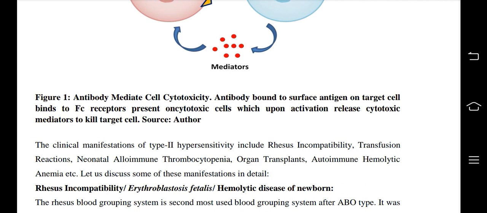Antibody bound to surface antigen on target cell, IgM or IgG, binds to FC receptors present on cytotoxic cells, which upon activation release cytotoxic mediators to kill target cells.